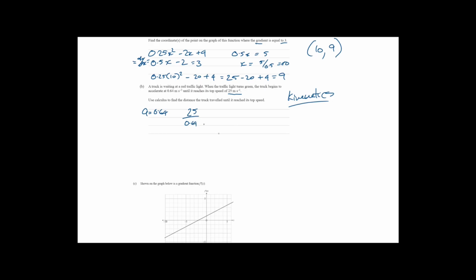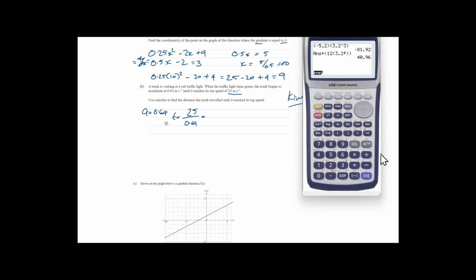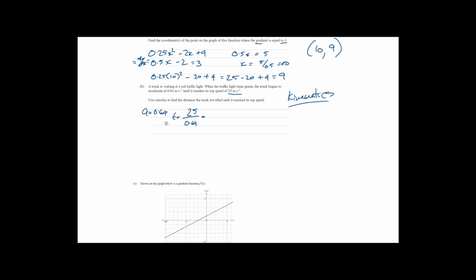So every second it's 0.64 meters per second faster. So that means that the time is going to be 25 divided by 0.64, which I don't know off the top of my head. 39.0625, and that's going to be seconds.